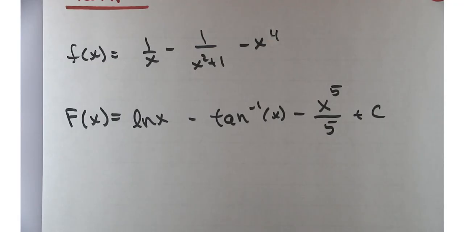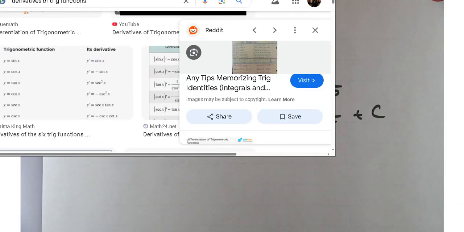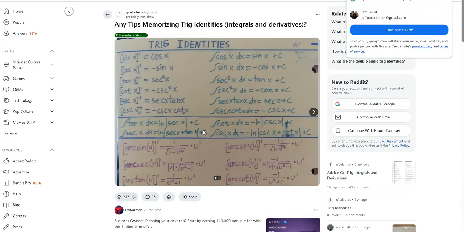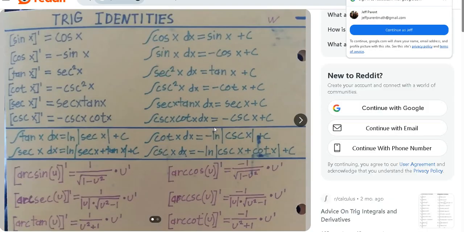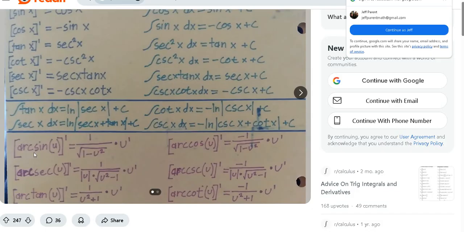Let me pull this one over. It's something I was searching for just a little bit ago. Yeah, right here. So there's a lot of different identities that when you differentiate the arc sine, you get this guy down here. Arc secant and arc cosecant, I've never used these. But arc tan, you'll see that from time to time, and arc cosine. So there are a couple more differentiation rules that you could use.